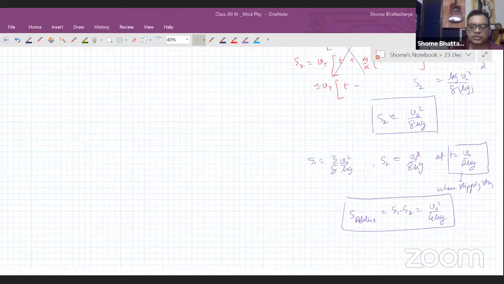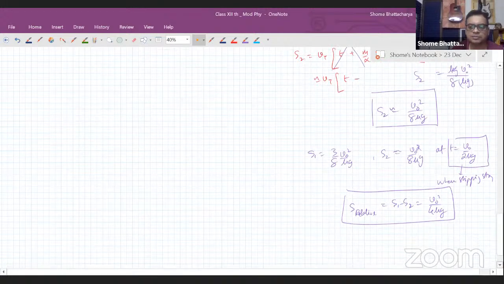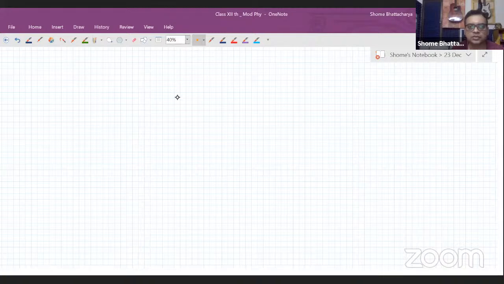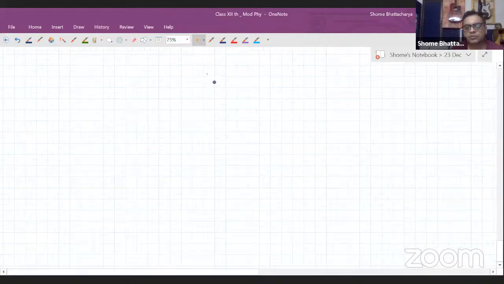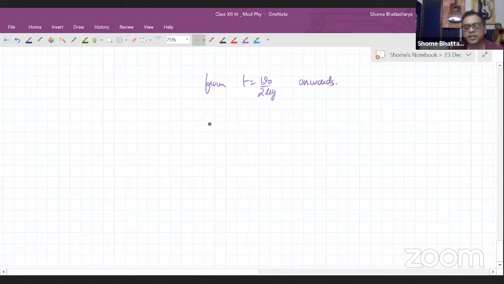Yeah, okay. Now let's come to the second part. Now for the second part, what we have to do is find the total displacement of the plank. So now from t equal to this value, V naught by 2 mu g onwards, what is happening is that this and this are like one common object. At this time, they have this velocity, let's say v1 equal to v2, whatever velocity that was, it was in fact V naught by 2, if I remember correctly.